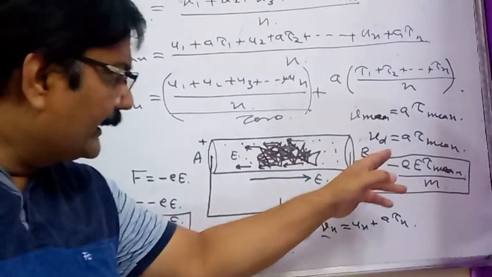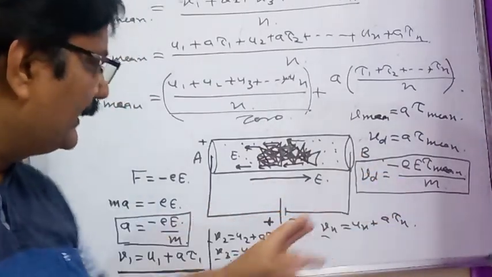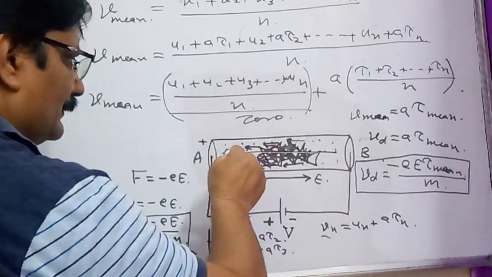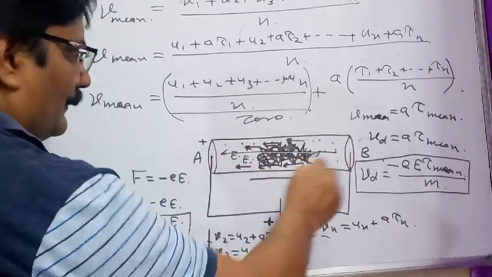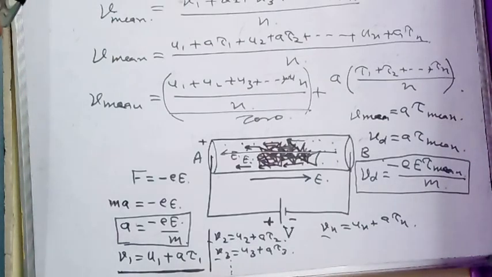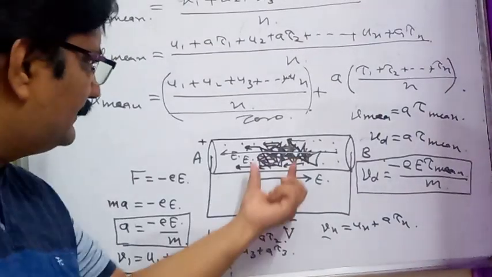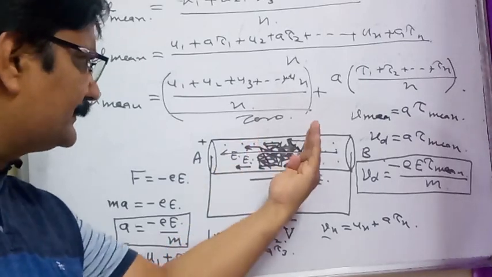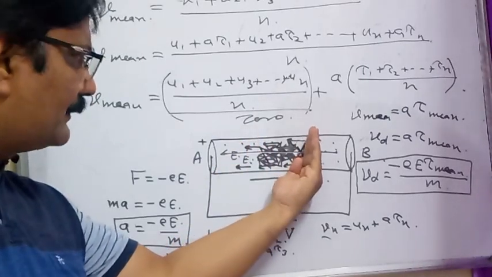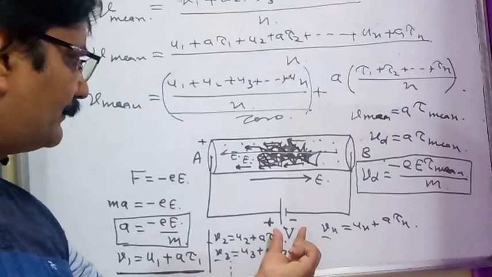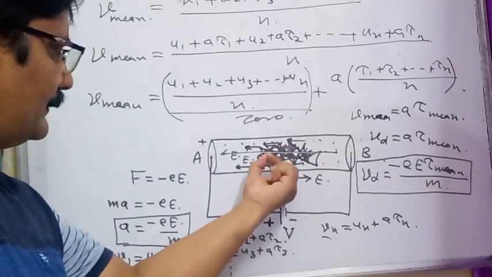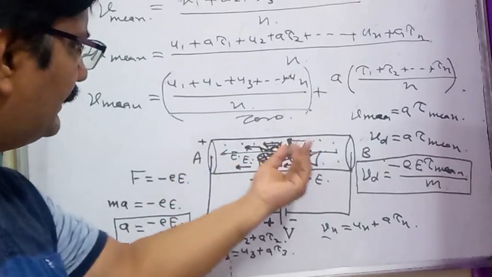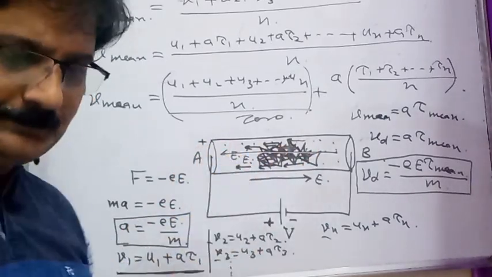Students, you can see this negative sign in the drift velocity is indicating that the direction of the drift velocity is opposite to the direction of the electric field. So these electrons in bulk get drifted towards the positive terminal on application of the external electric field or external potential, and the positive charges flow opposite to the direction of the electron drift.